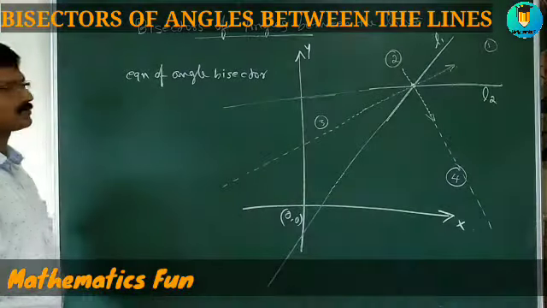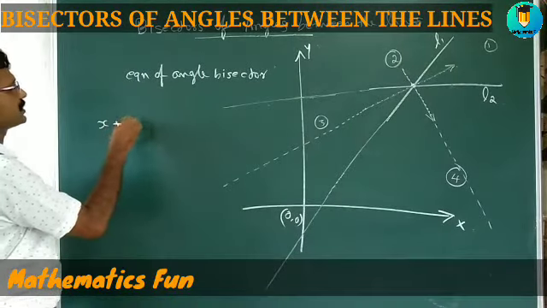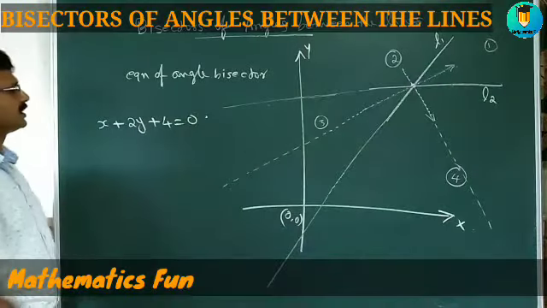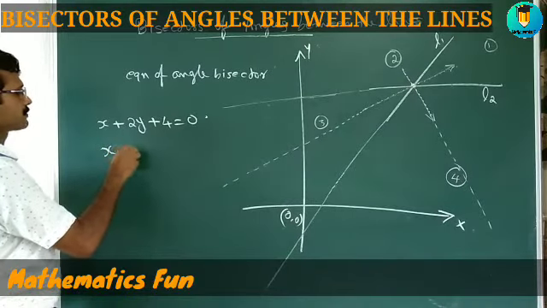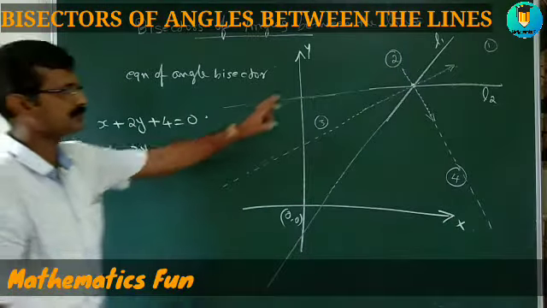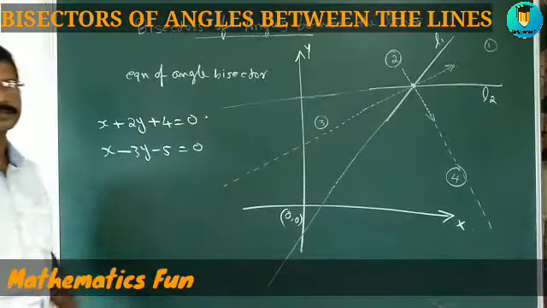Let the equation of one line be x plus 2y plus 4 is equal to 0, and the other line x minus 3y minus 5 is equal to 0. Let these two lines be given like this.